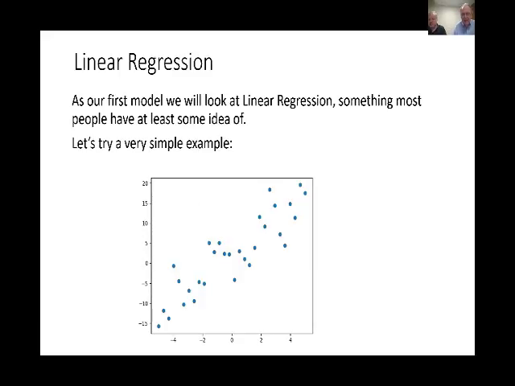I have generated some data points in the plane. We have a two-dimensional plane here, and we have points. The object of linear regression is to try to find a line that best goes through these points.